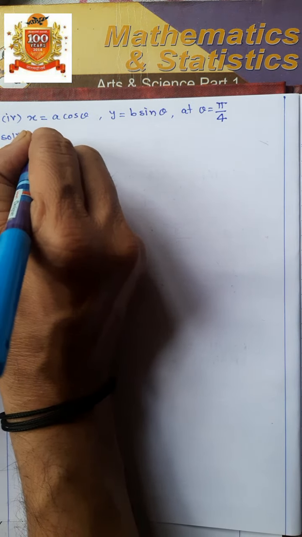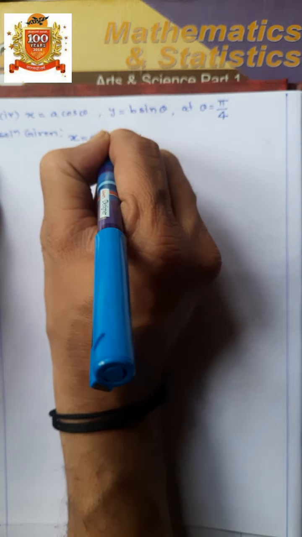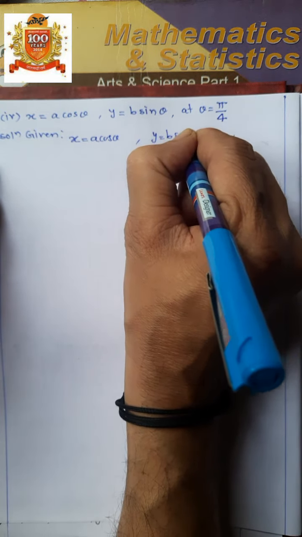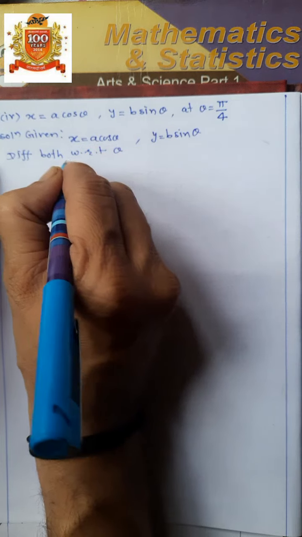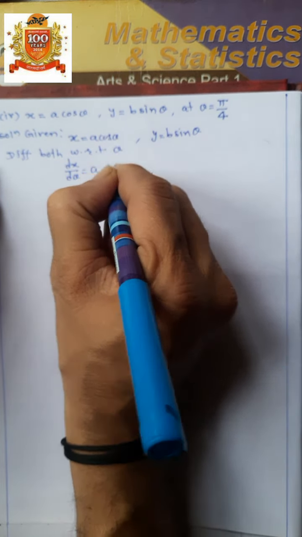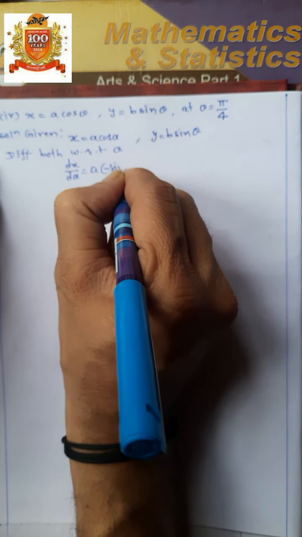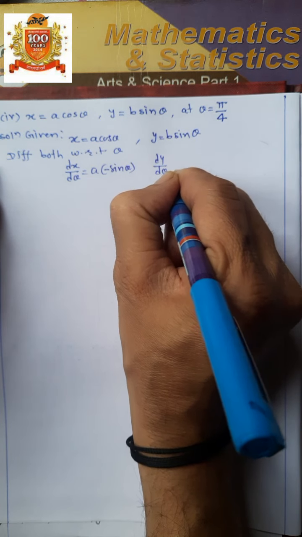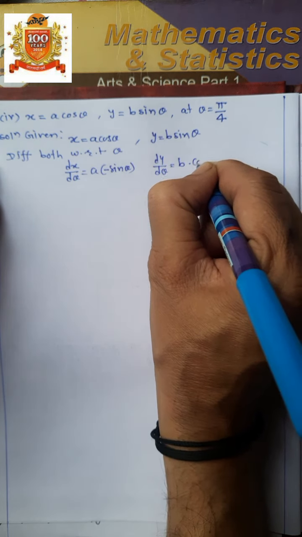Given x is equal to a cos theta, y is equal to b sin theta. Differentiate both with respect to theta. dx by d theta is equal to a into minus sin theta. dy by d theta is equal to b into cos theta.